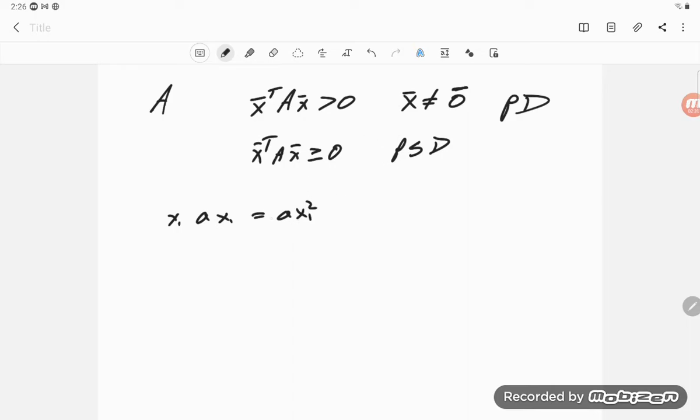And so convexity and positive definiteness are very, very related in that sense.